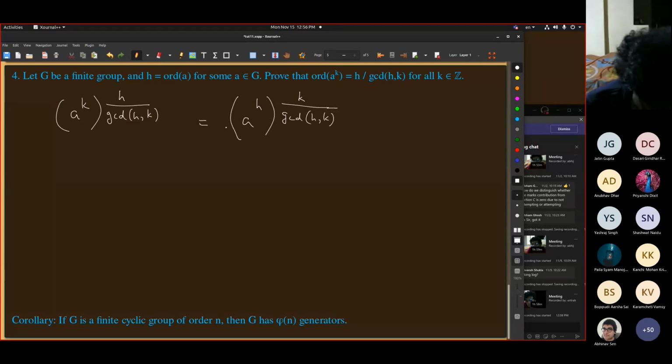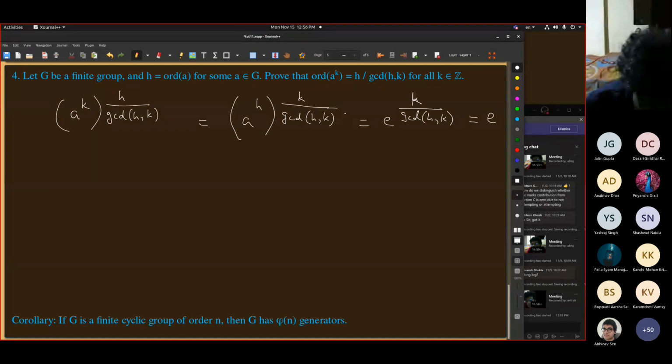Happy? Now, GCD(H,K) divides H, and also divides K, so this is an integer. And since H is the order of A, this is E power that quantity, whatever it is, an integer, so this is E, the identity.